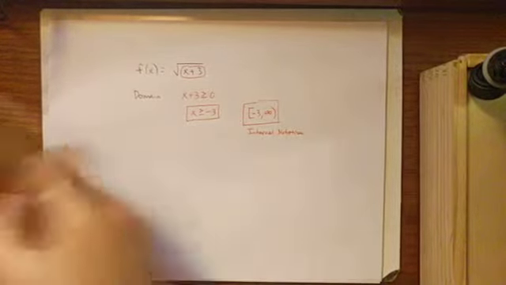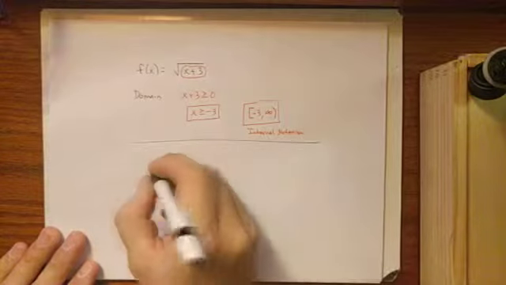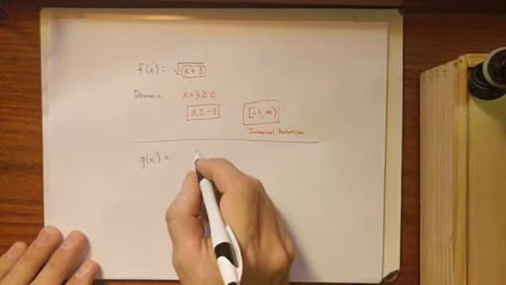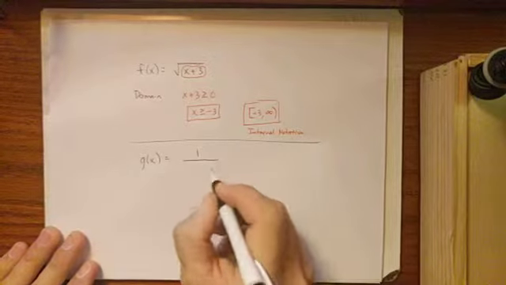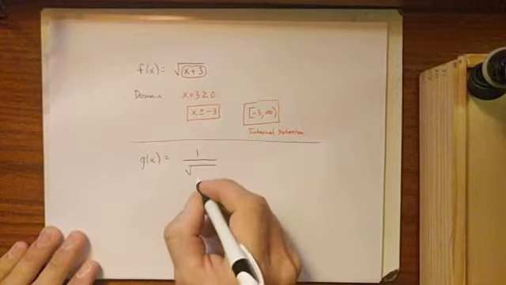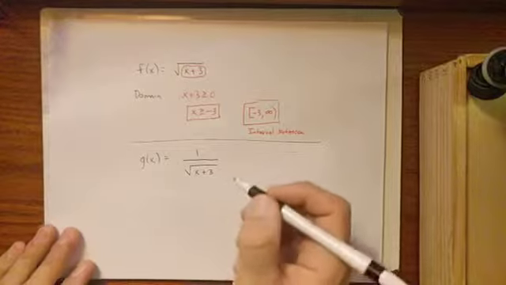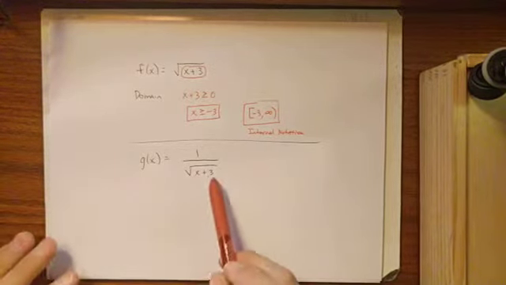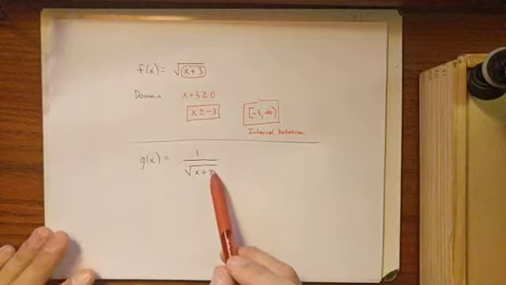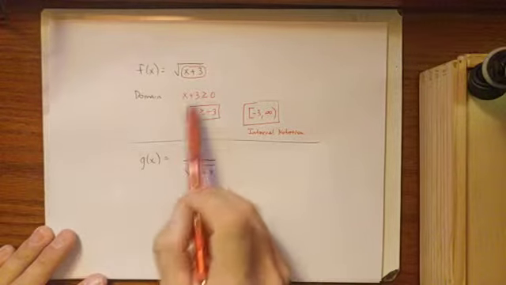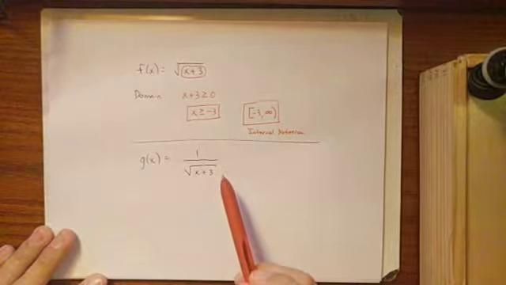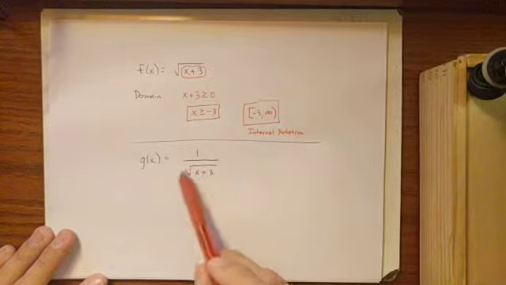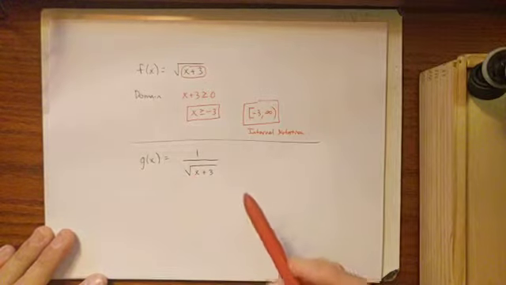Okay, let's look at another one that's a fraction. So let's say we have g of x is 1 over the square root of x plus 3. Now remember that we're not allowed to have a negative number under the square root, that was what we just talked about in the previous example. But remember also that the denominator can't be 0, right?